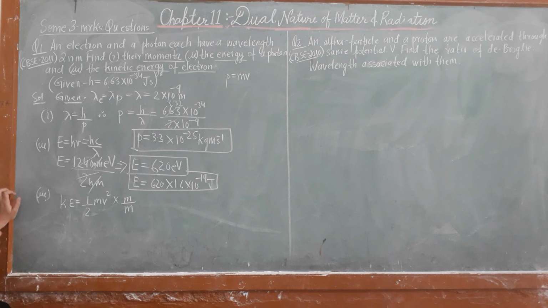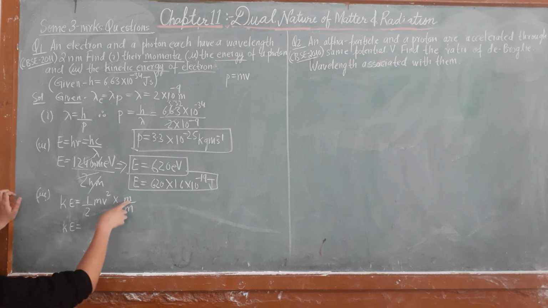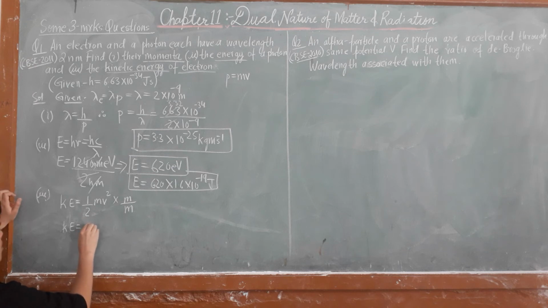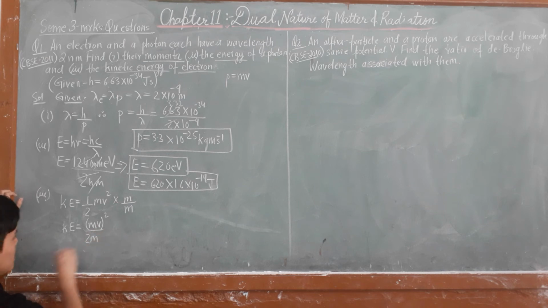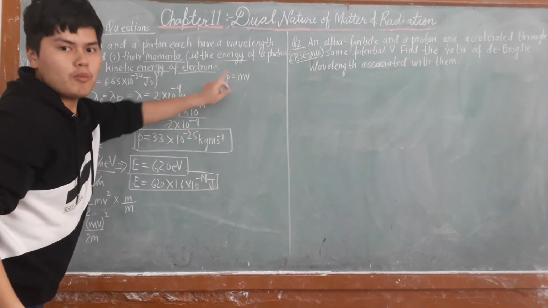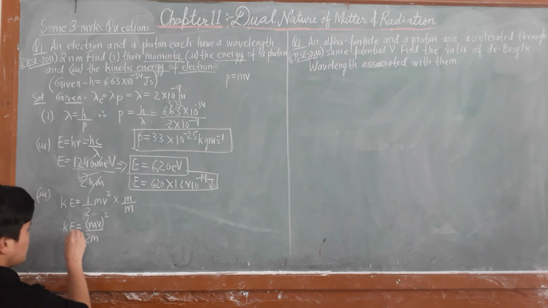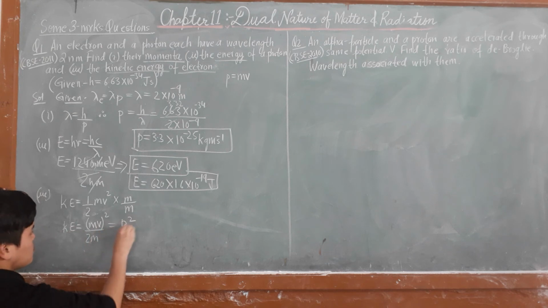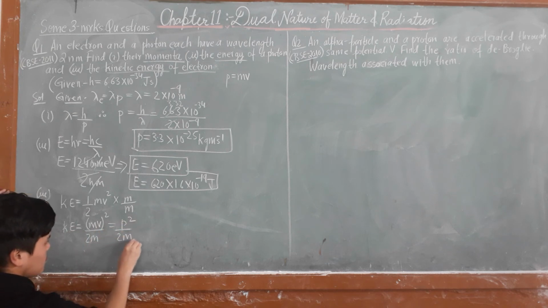Then kinetic energy equals mv whole square upon 2m, where mv is the momentum. So the kinetic energy is momentum square upon 2m.